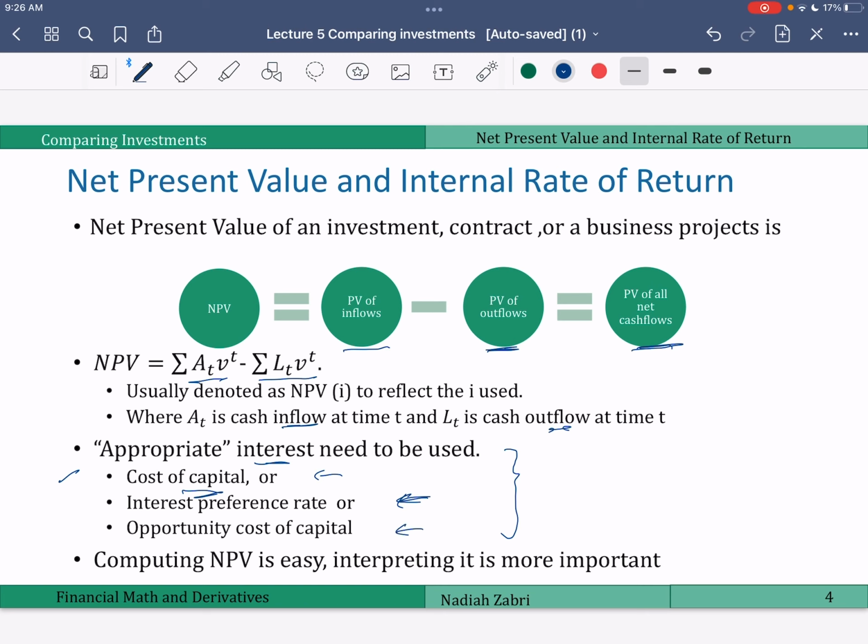Basically if you are investing your money into this project, you are losing some opportunity to invest in another project. So what is the return that you could get from the other project that we are losing out if we are investing here? However, we have to bear in mind the alternative project has to be of a similar level of risk, so that it is reasonable for us to use for this project.